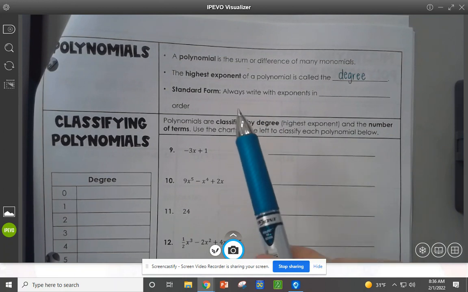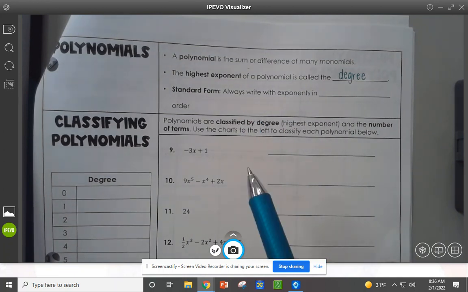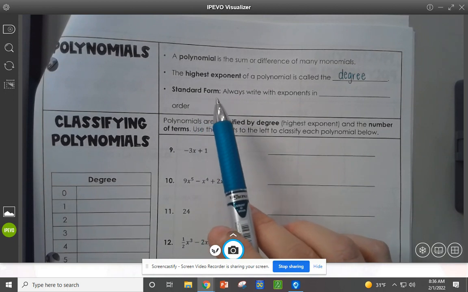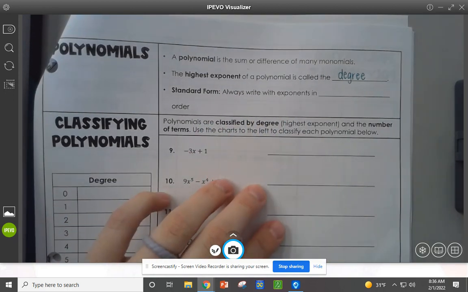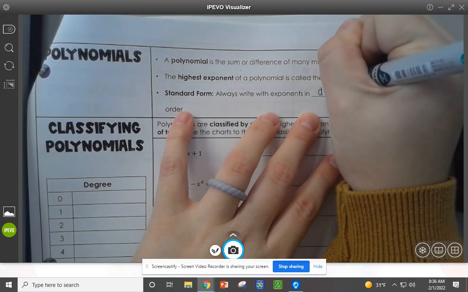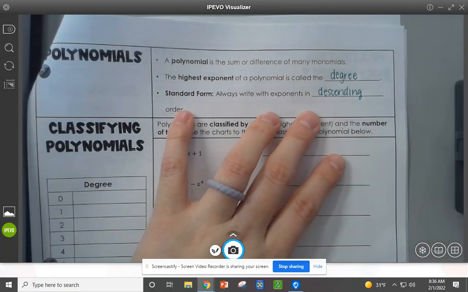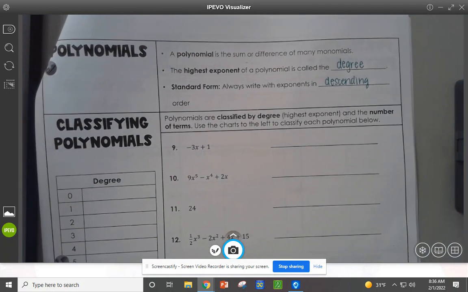So if I'm talking about the degree, it's just a number, and that number is whatever the biggest exponent is. And we always want to write our answer with the exponents in descending order. That means biggest to smallest.